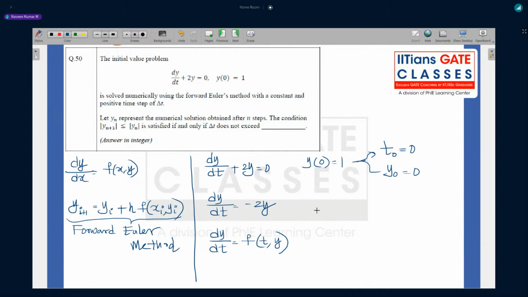Okay, fine. So from here I can say that the n plus 1th step is equal to the nth step plus h into f of tn comma yn. Please remember h is equal to dt, that is our time step.